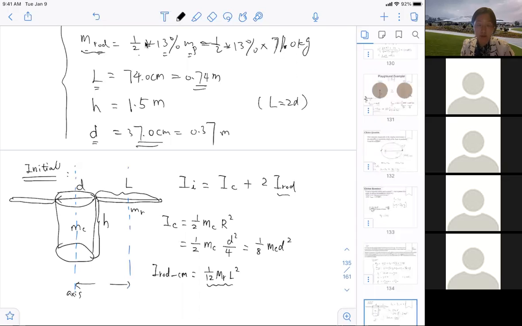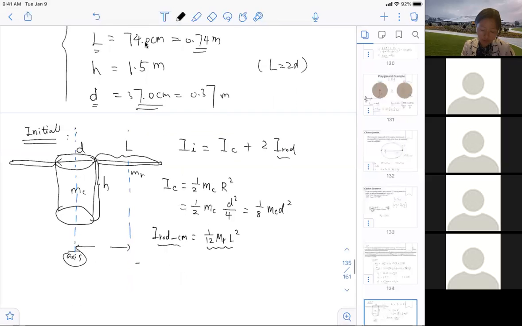Remember, the new rotational inertia relative to this line is the center of mass one plus m times the distance squared. So I of the rod is this one plus m times this distance, which is the distance between these two different axes.